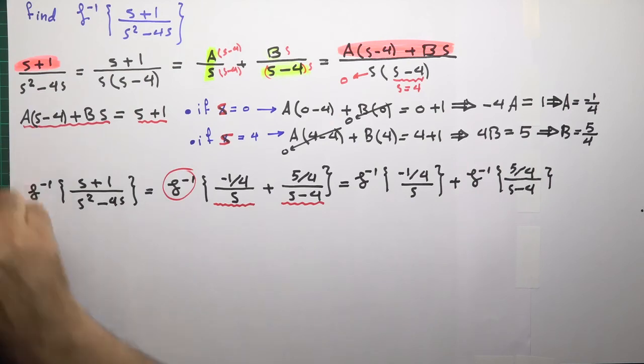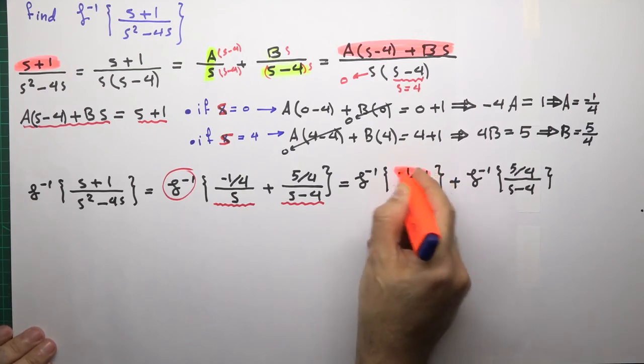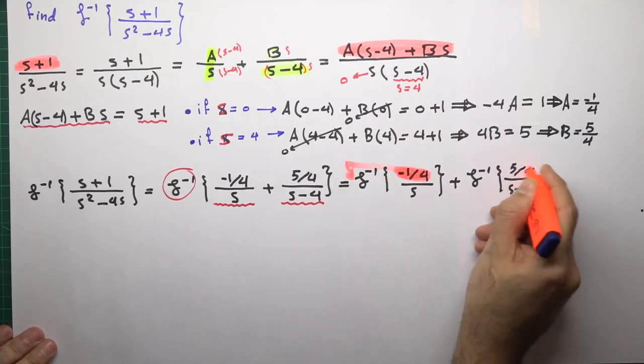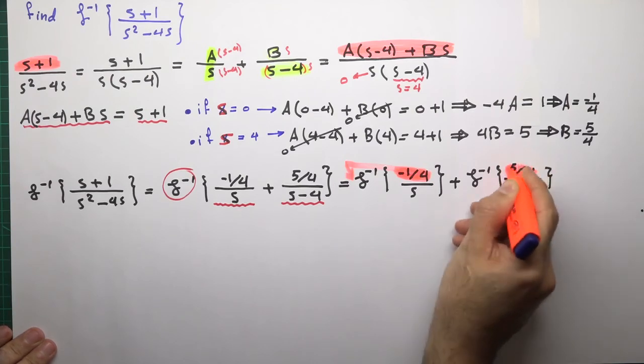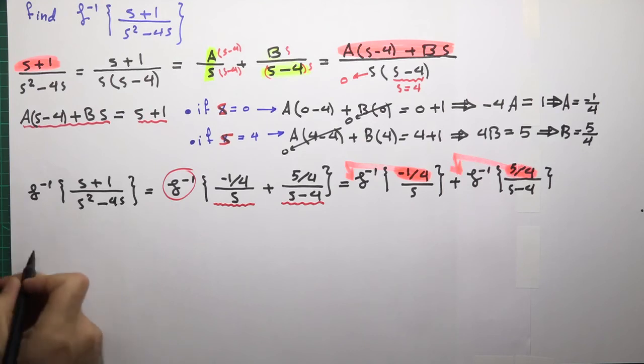And as you know, we are dealing with a linear transform, so I can take this constant out to be here, and I can take this constant out as well. So I will start from here.